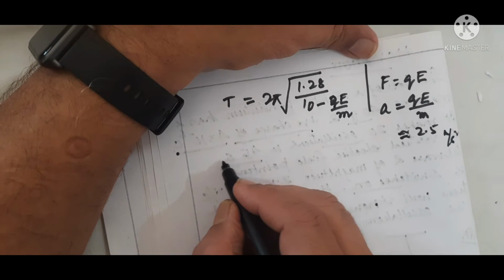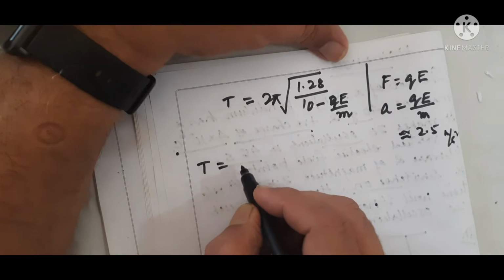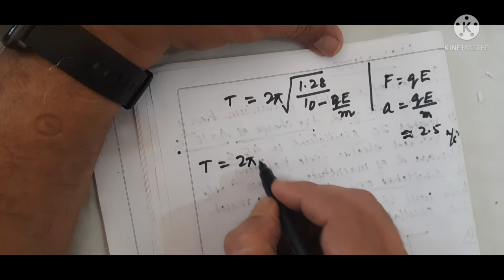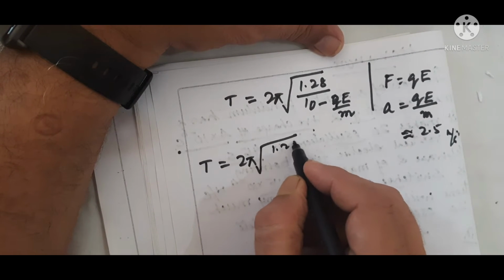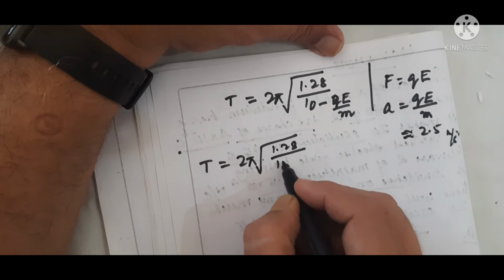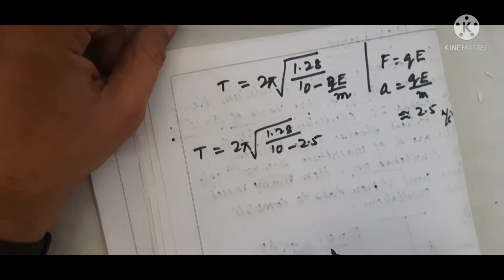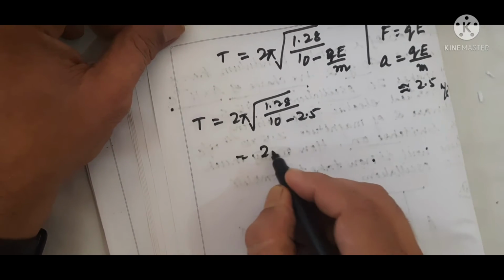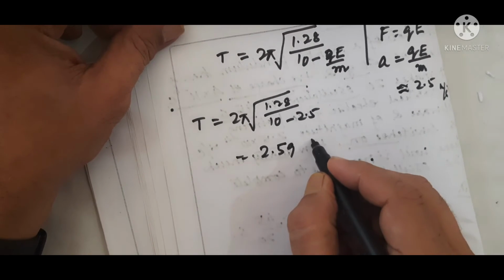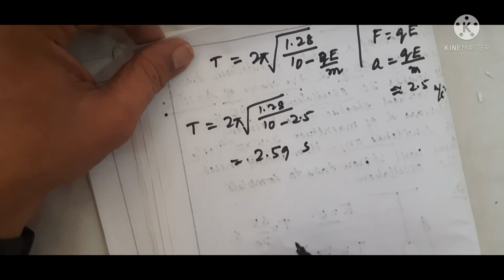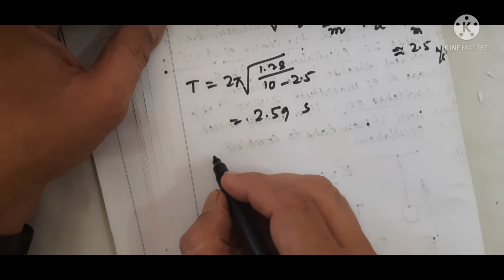Put its value, so T = 2π√(1.28/(10 − 2.5)). After calculating, you will get the value 2.59 second. That is the time period when the electric field is switched on.